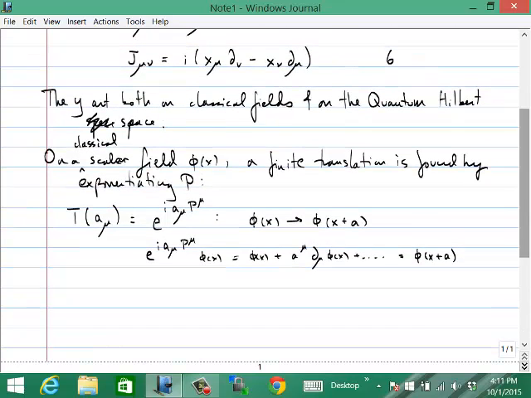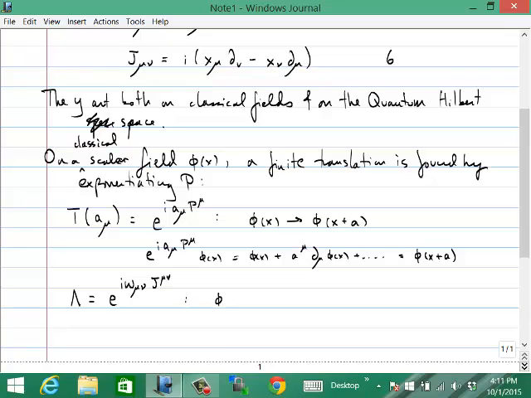Similarly, a Lorentz transformation is characterized by a set of 6 numbers that we might call omega mu nu. And a finite Lorentz transformation is given by e to the omega mu nu j mu nu, where we're using the Einstein summation notation to contract the mu and nu indices.